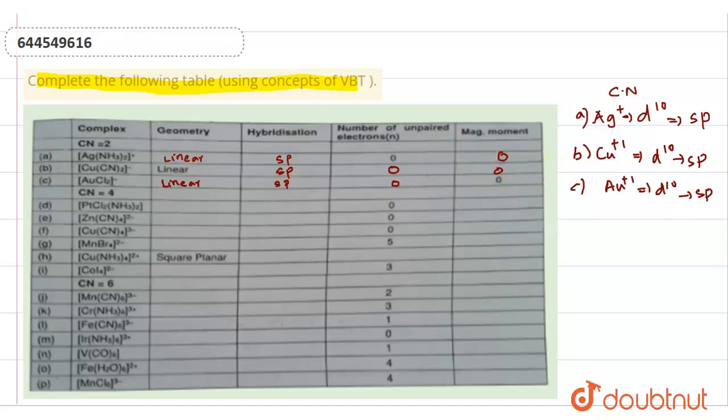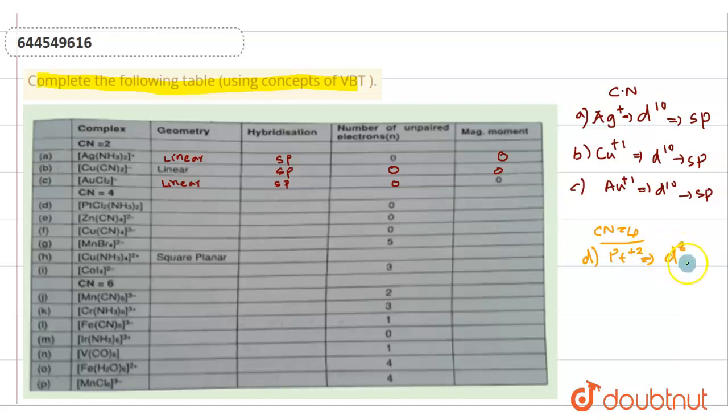Next, let's come to coordination number 4 compounds. The first one is not first, it is D. D is Pt(Cl)2(NH3)2. Cl is an anionic ligand and platinum will have plus 2 charge, which means it will be a d8 system.